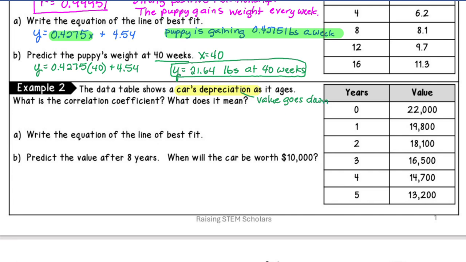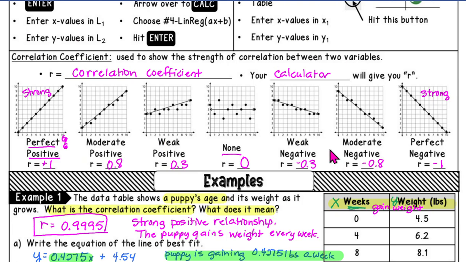If you buy something like a car or a computer, its value is just going to keep going down. It doesn't typically go up. So we're going to expect to see a relationship somewhere over here, in the negative ones. The value is going to go down as it gets older.